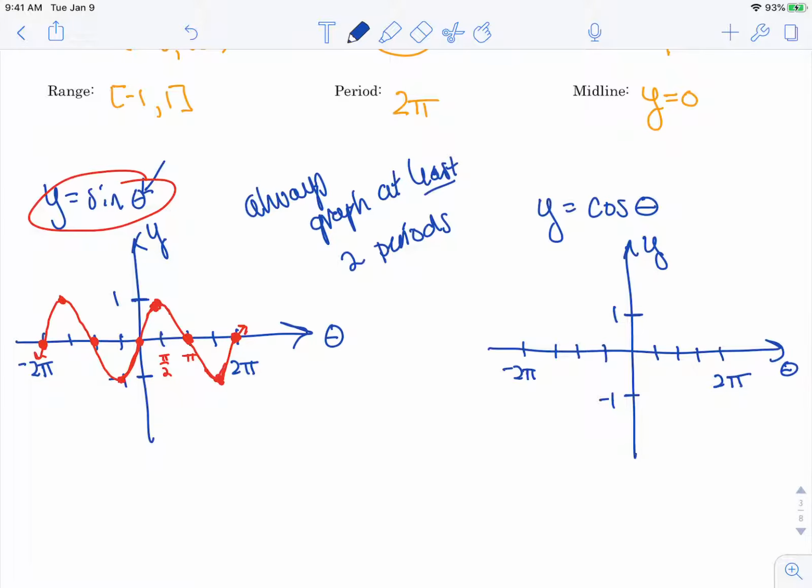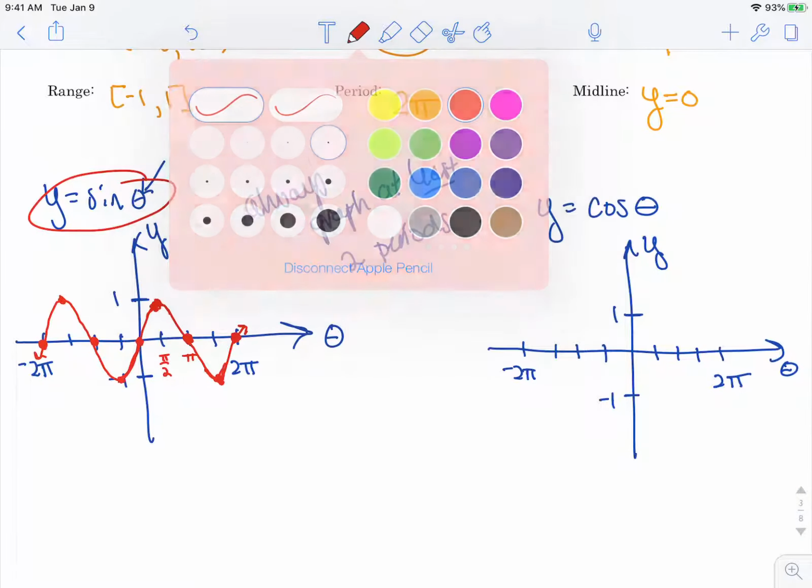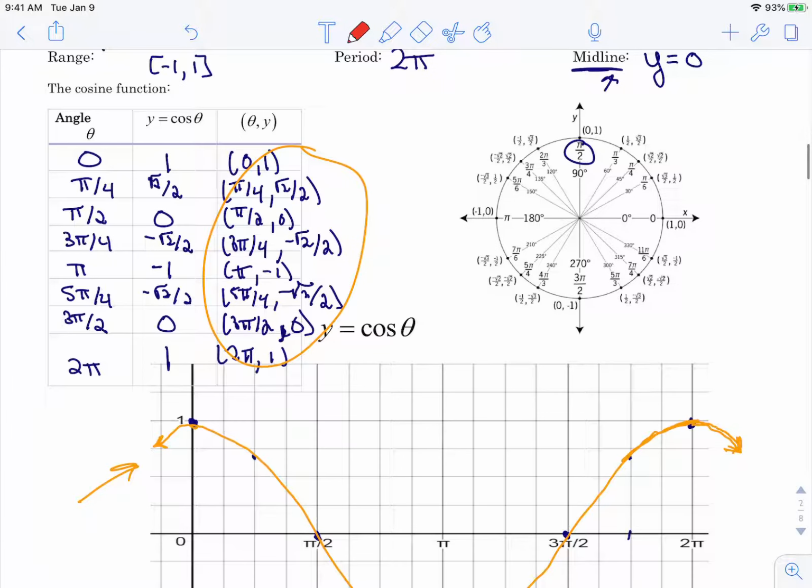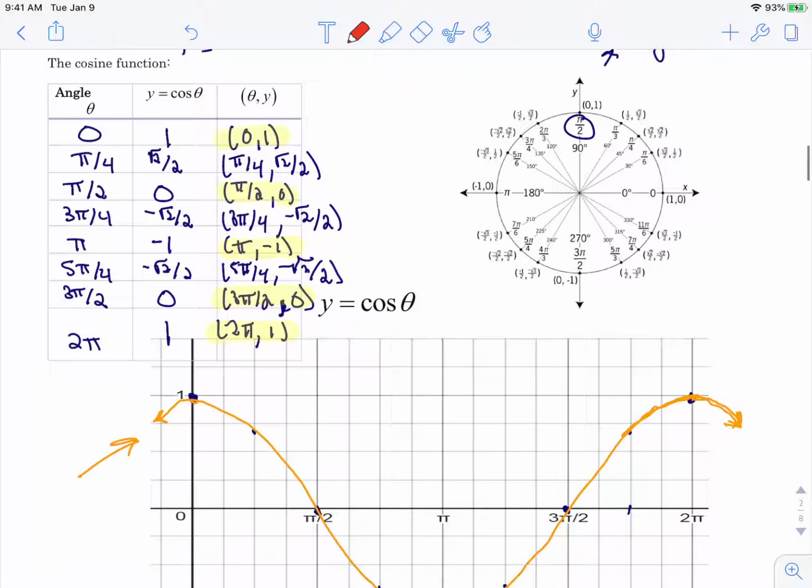You can refer to these coordinates, and you can see, here's a nice coordinate to plot, here's another nice one, and here's another. So I'm only going to plot those because they're nice and easy to plot.